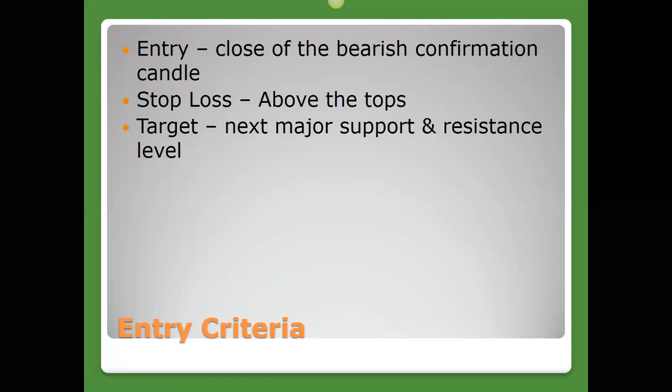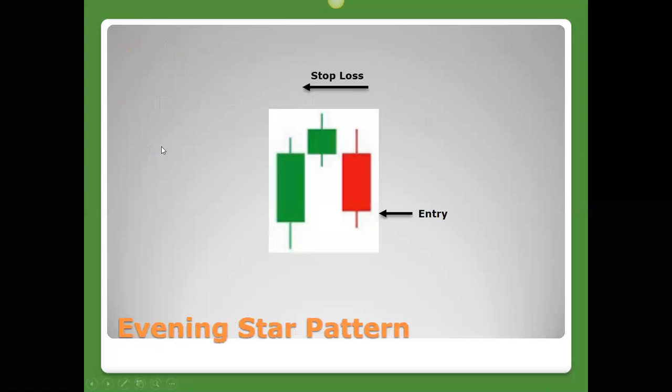In terms of the entry, the first thing we need is a bearish confirmation candle. Then our stop would go above the top, and our target would be the next major support or resistance area. So in this case, here is our bullish candle, our indecision candle, and this is our bearish candle.